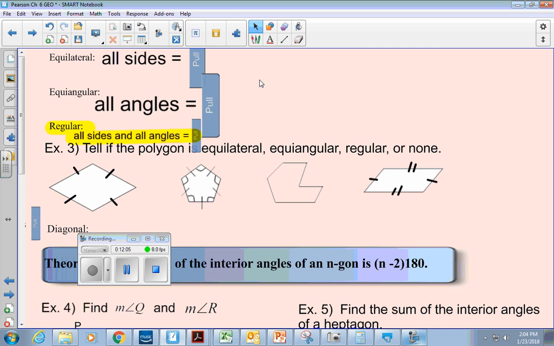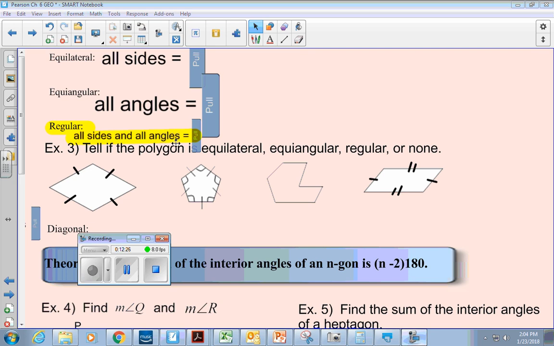In the explanation, it's going to say a regular hexagon, and because it's the word regular, your brain just skips over it, and you go, Miss Applegard, there's not enough information for me to solve this.